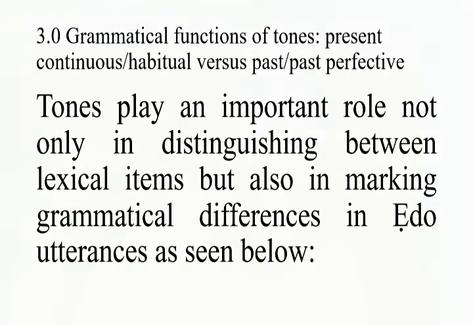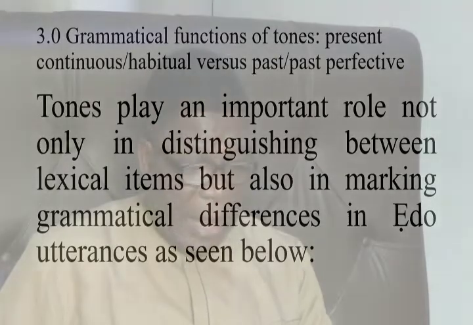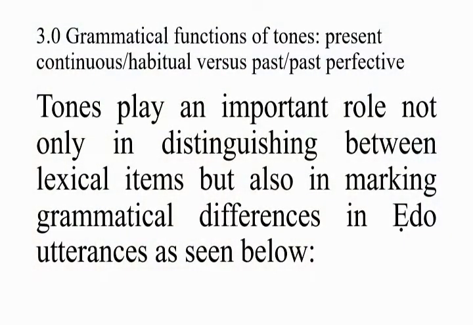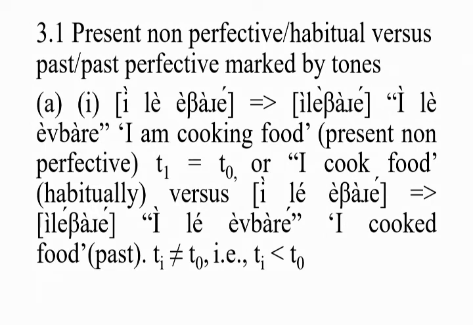So, tone plays an important role not only in distinguishing between lexical items, but also in marking grammatical differences in Edo. So present non-perfective or habitual tense versus past perfective is marked by tones.